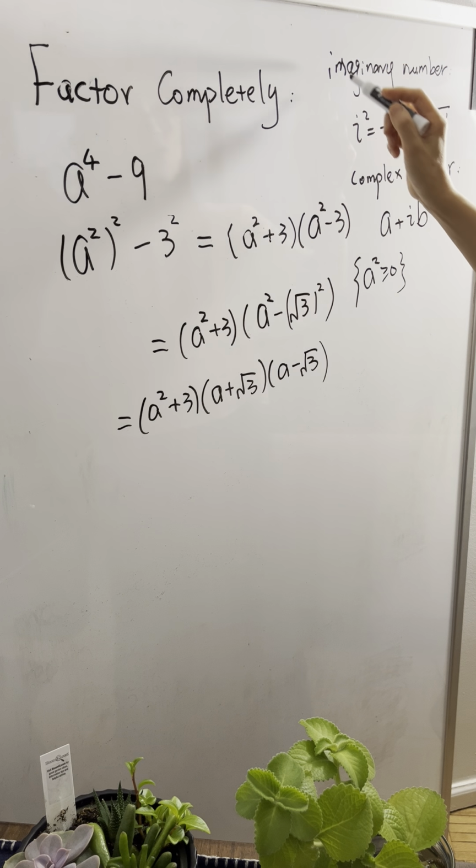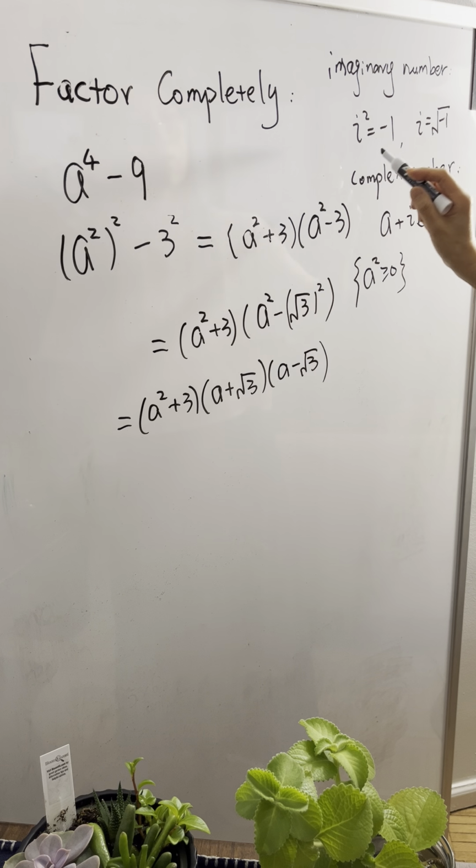So that's another branch of number, called imaginary number, which is defined as i squared equals -1, or i equals the square root of -1.